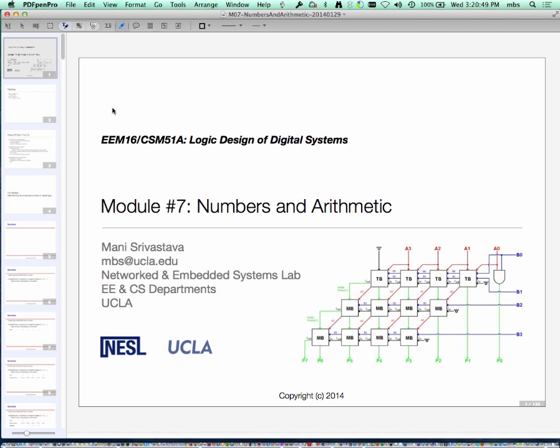When we talked about comparator, we were thinking of our inputs as numbers. Only then the comparison makes sense. So we are going to build upon that to look at more complicated things, adders, multipliers, and also could we have numbers which are signed? Could we have numbers which are real numbers or floating point numbers? So those are the kind of things we are going to look at.